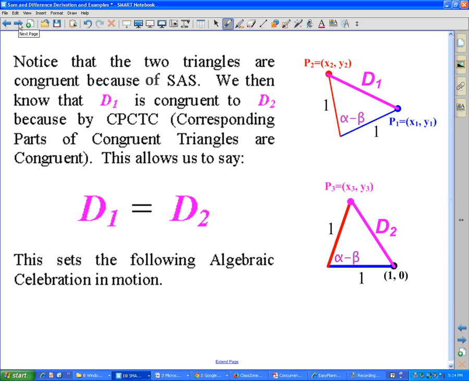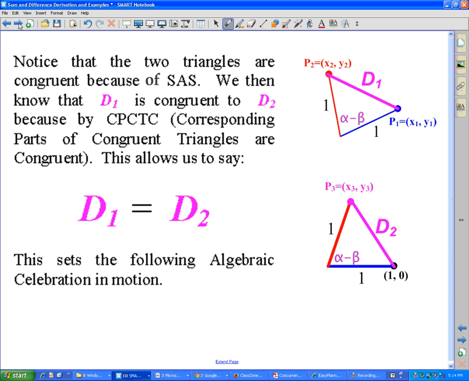Now, there's another little something from geometry. It's not really a theorem or a postulate. It's really based on the definition of congruent figures, but we called it CPCTC, which stood for corresponding parts of congruent triangles are congruent.